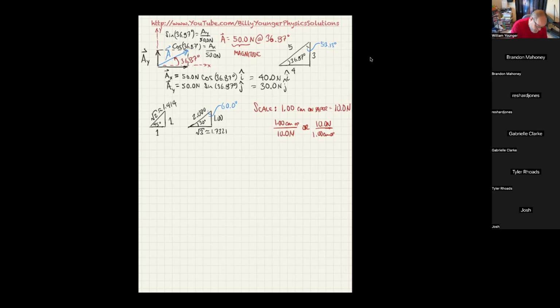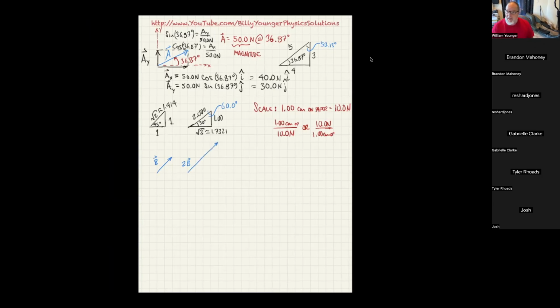Another thing to know is if you have a vector, let's say you have this vector right here. Let's call that vector B. If you take that vector and multiply it by 2, then that is a vector that is twice as long as vector B, but exactly parallel to it.